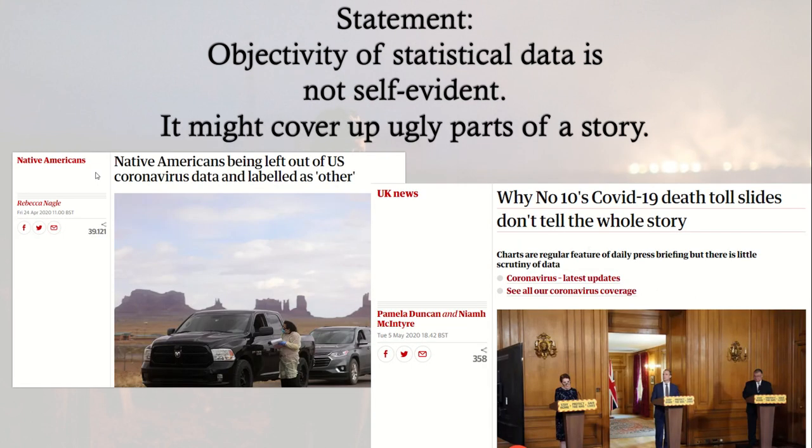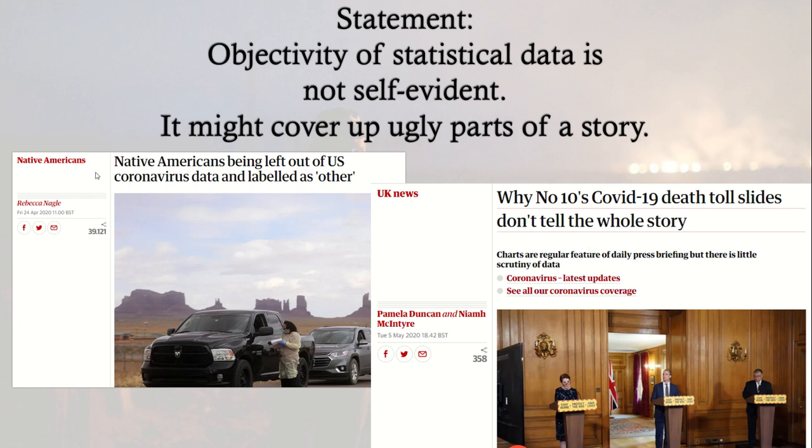Same thing with the coronavirus statistics. Lots of criticism is covered in the newspaper. Statistics in themselves might even cover up ugly parts of a story by changing labels. You can see that in the left article. Or simply because they're not looking at how data is compiled.